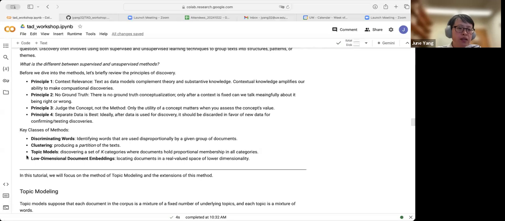The fourth general broad category of methods we could use to discover text is called low-dimensional document embeddings. This is related to the word embedding method that I just talked about. The idea is that we project each piece of our document, for example each sentence or each term as we choose, into a vector.